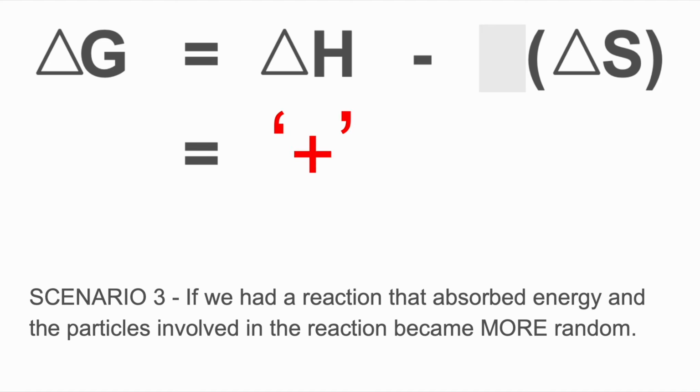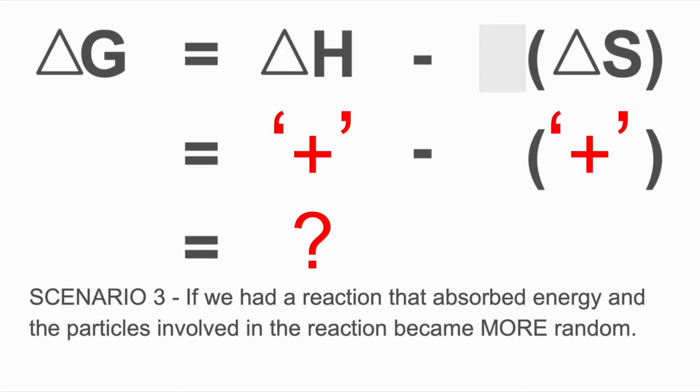Because we are absorbing energy, we would say that the delta H is positive. It is endothermic. And in this case, because we are becoming more random, our delta S would be expressed as positive. So what would the value be for delta G? Up until now, we've been able to get away with not using values. Well, here we would need to know the values, because taking a positive value and subtracting another positive value could result in an answer that is either negative or positive.